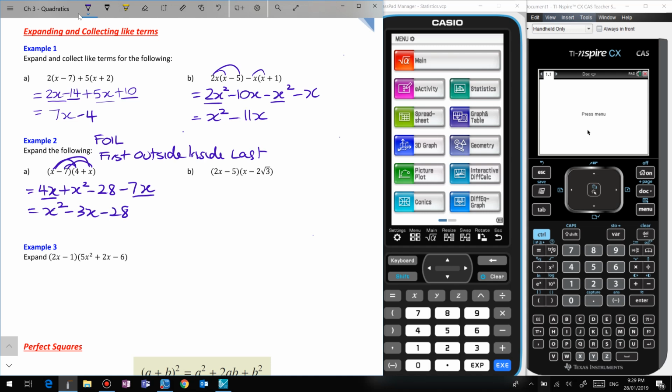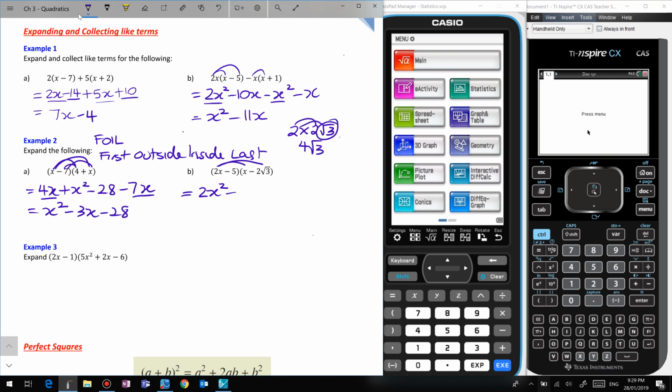That's it. Okay, so same, first, I have 2x times x, which is 2x squared. I have 2x times negative 2 root 3. Now when you multiply 2 by 2 root 3, we multiply outside by outside, which is 4. There's no square root sign here, so I just keep it as root 3.